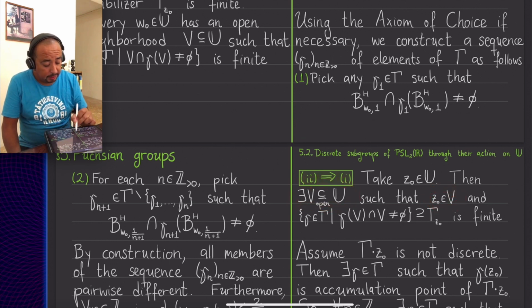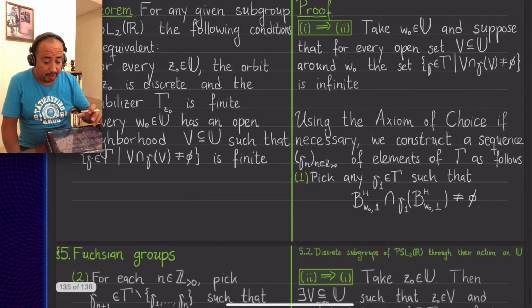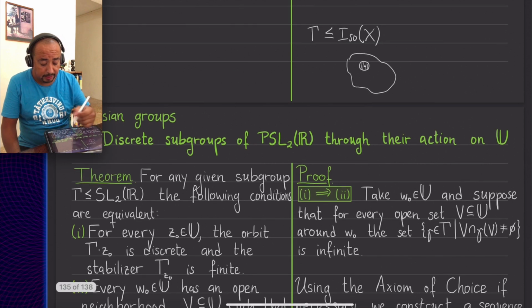But you see, this one obviously contains the stabilizer. So if I pick my V so that this is finite, then the stabilizer is finite. So that's no problem. The hard part is to see that the orbit is discrete.